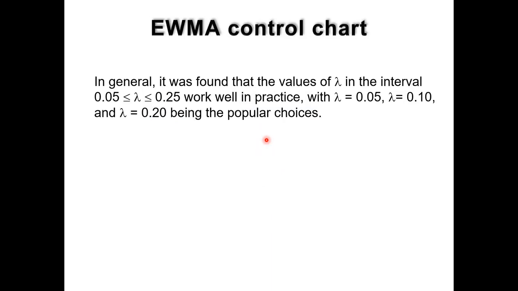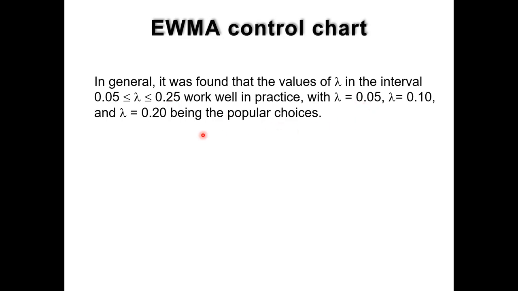JMP. Now, in general, it was found that the value of lambda is in the interval of 0.05 to 0.25. In general, lambda within this range works well in practice. So the normal value of lambda will range from 0.05 to 0.25.